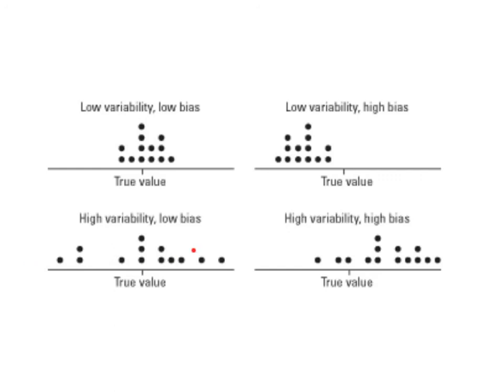This one, high variability, low bias, it's still centered around our true value, but high variability. This one, centered over here now, has high bias, it's missing our mark, and it has high variability. So our goal, of course, is low variability, low bias. So again, if we use a random sampling method and we increase our sample size, we are going to have the best possible sample to represent our population.